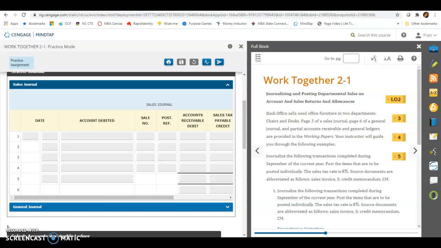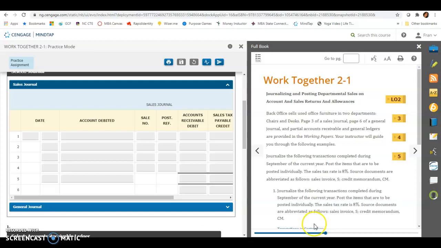All right, so we're going to be doing 2-1 work together. We're going to be working in a sales journal this time. And just to remind you, the only things that will go in the sales journal are sales on account.